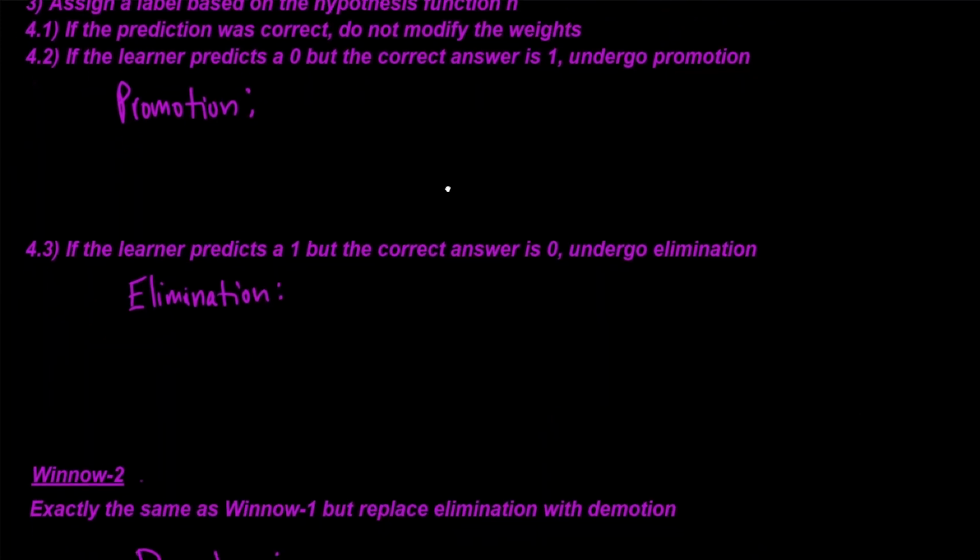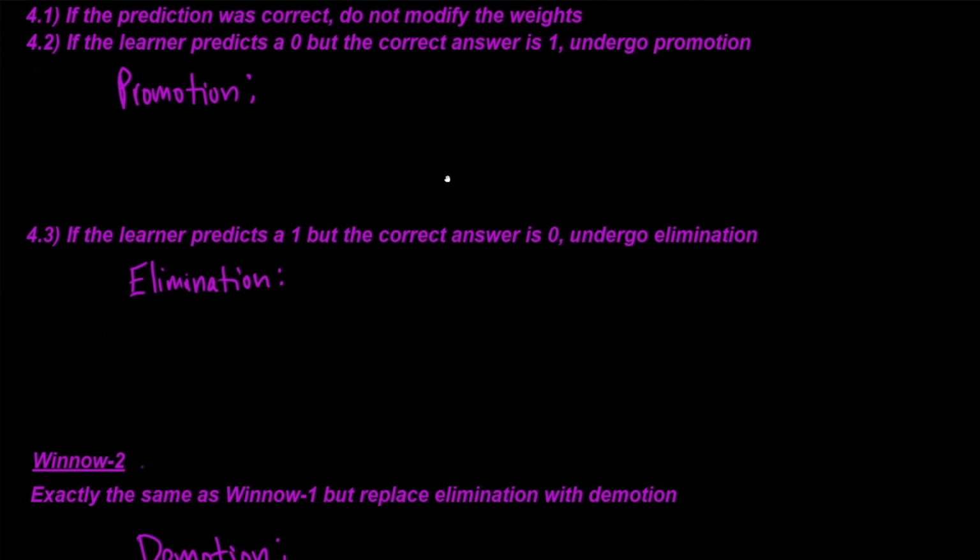Okay, now for step 4. And step 4 is the important step, and it's also the most complicated step, because there are actually 3 possibilities or 3 branches that we can take depending on the current conditions. So let's go over the first scenario. The first scenario occurs, or 4.1 occurs, if the prediction was correct. And in this scenario, we don't modify any of the weights.